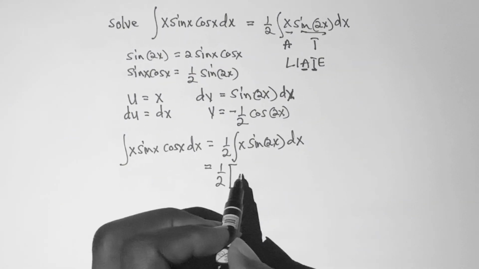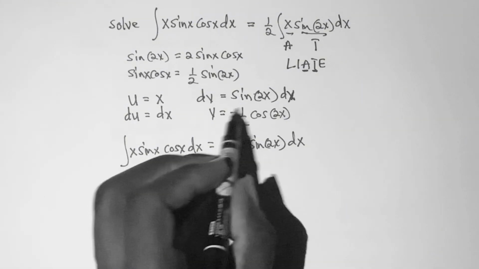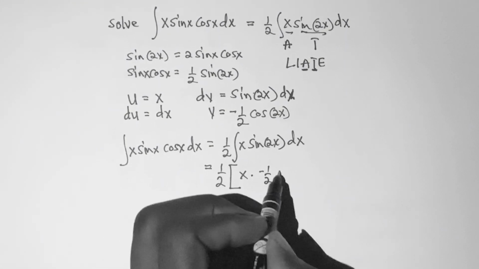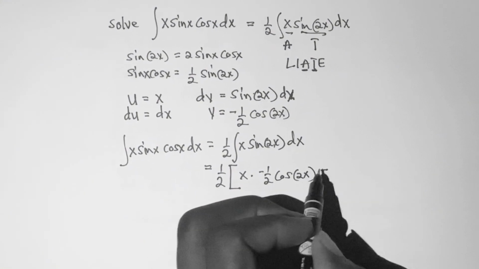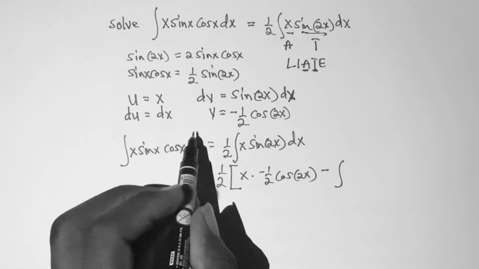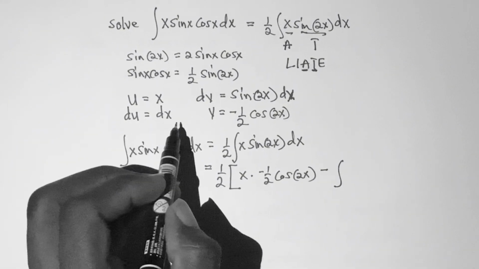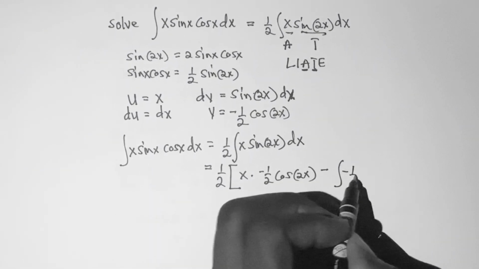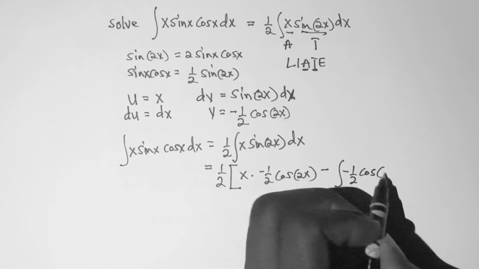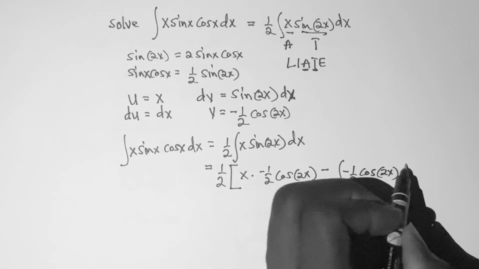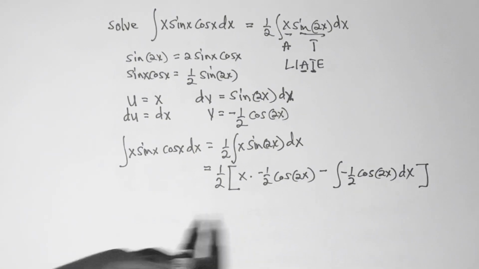So our u is x times v. V is minus 1 over 2 cos 2x, then minus the integral of v du. Now du is dx, so v is minus 1 over 2 cos 2x dx, bracket close.